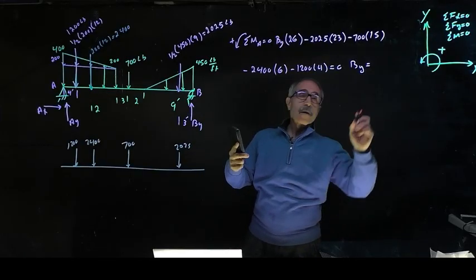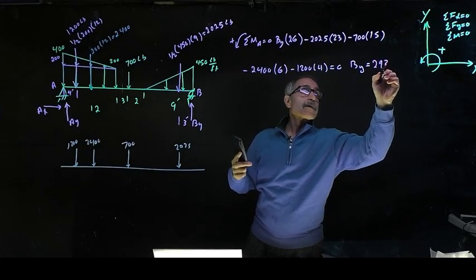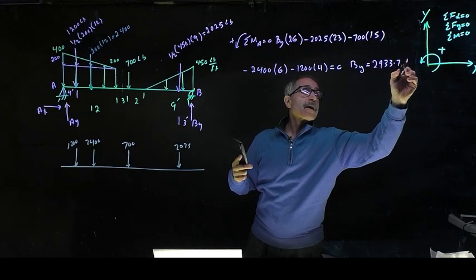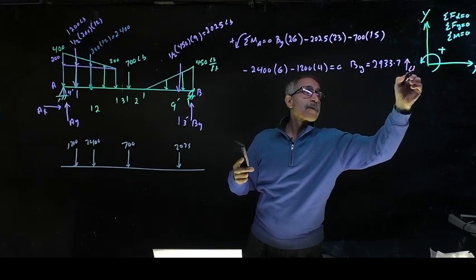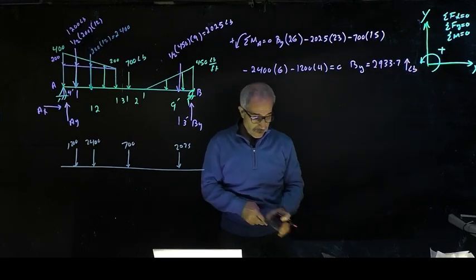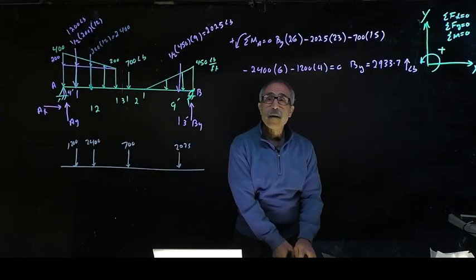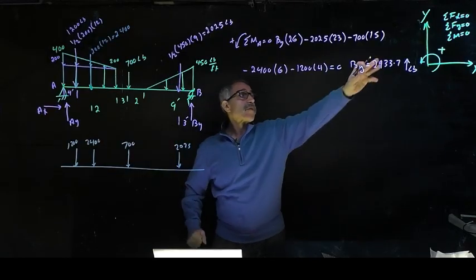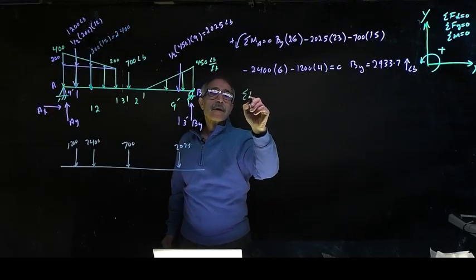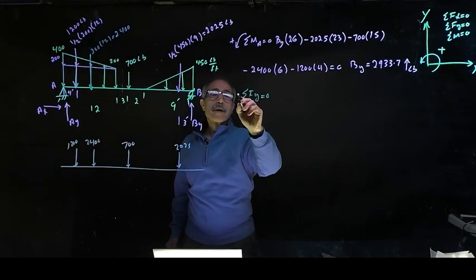Okay, 3.7, and it's going up, and that's a pound. So that's By. And let's go ahead and do, we can use one of the other equations. Summation F of y is equal to 0. Going up is positive.